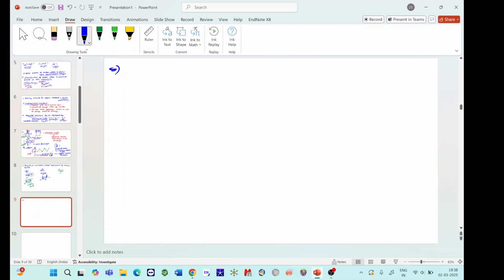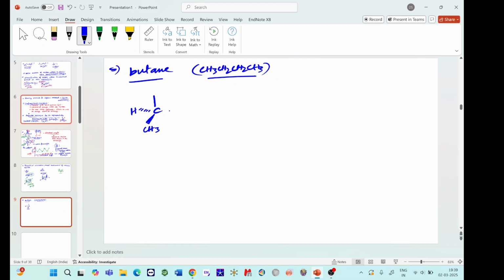In that case, suppose you have butane. Butane you can represent like CH3, CH2, CH2, CH3, right? Four carbons you have. So this one you can represent as carbon, then CH3.